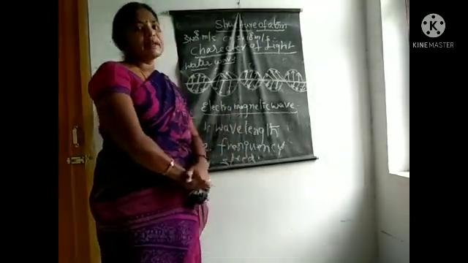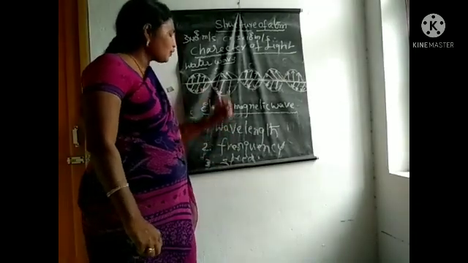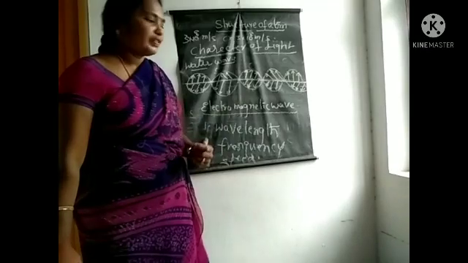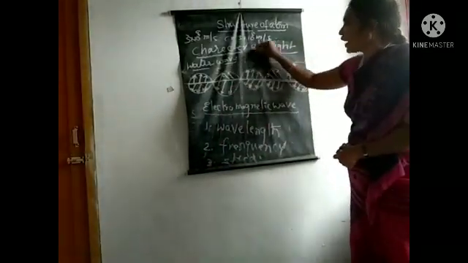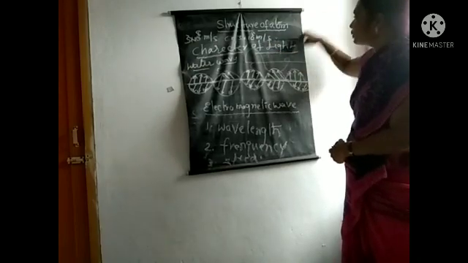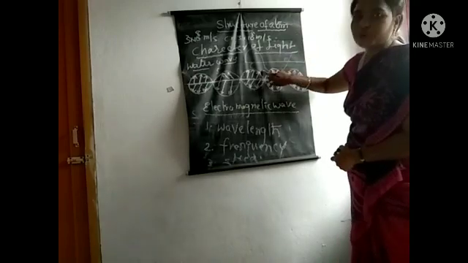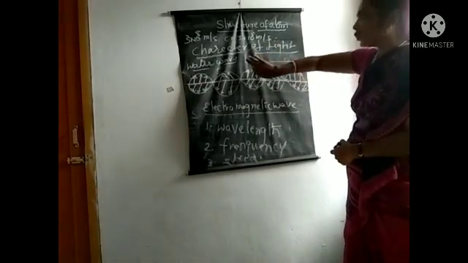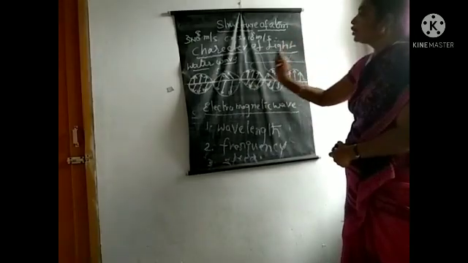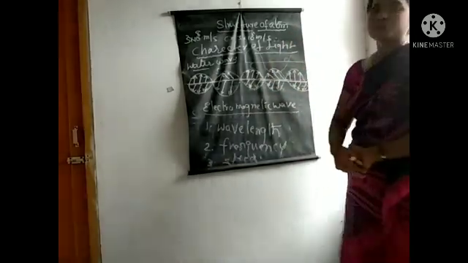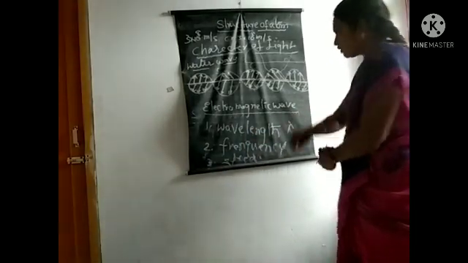First of all, what is meant by wavelength? Wavelength is the distance between two adjacent points, that is, crest to crest or trough to trough. The distance between two nearer crests or troughs is known as wavelength. Wavelength is denoted as lambda.